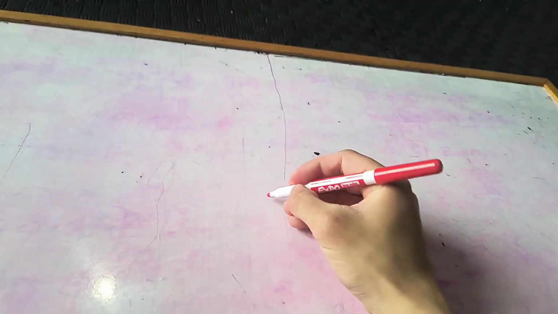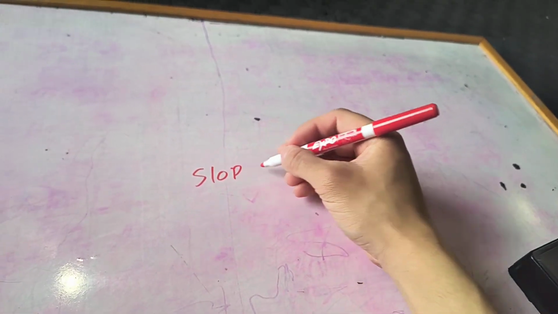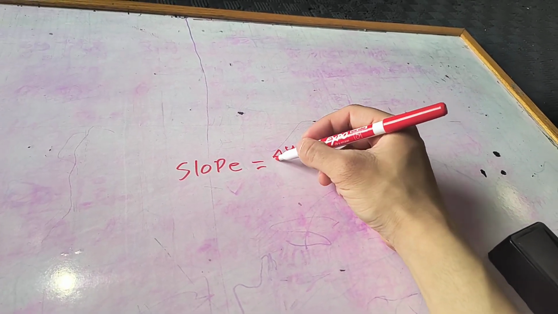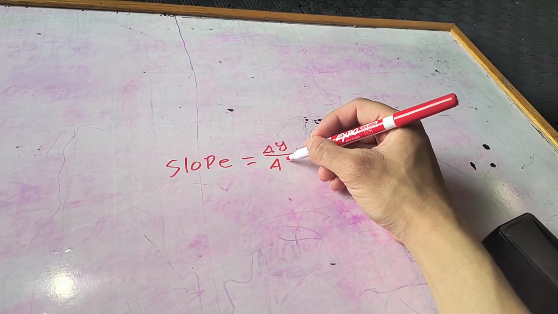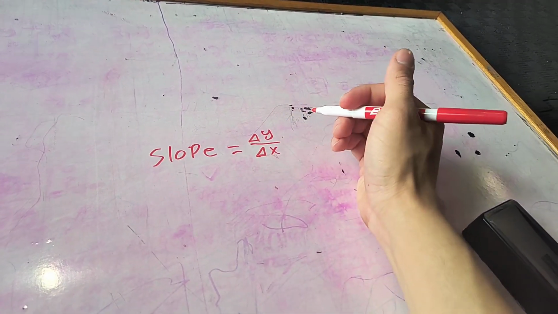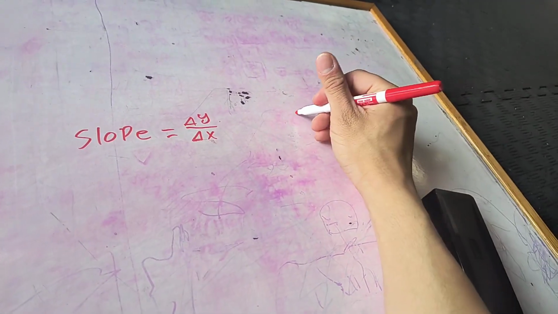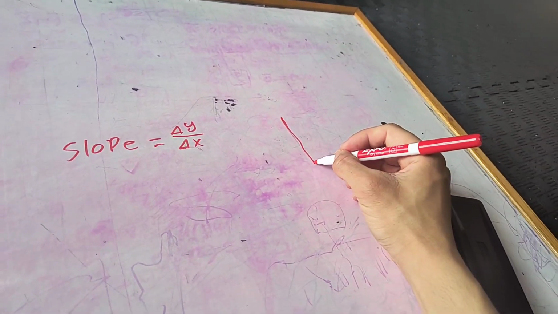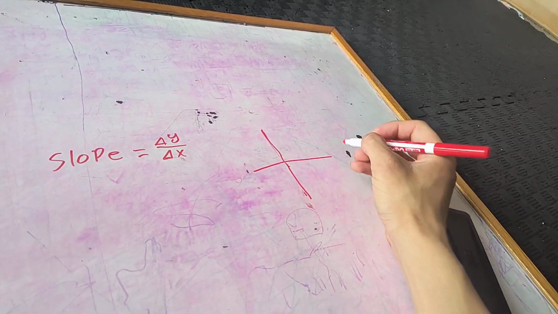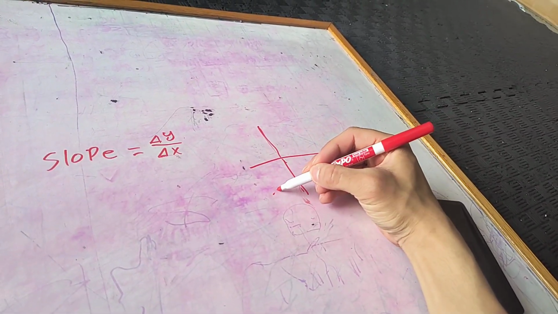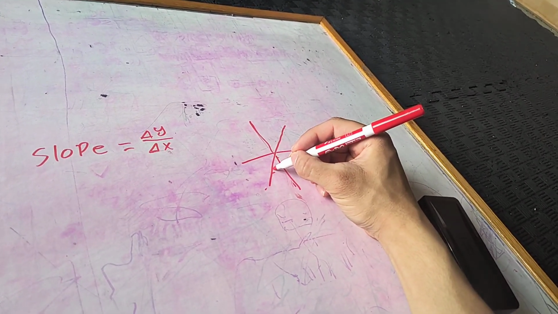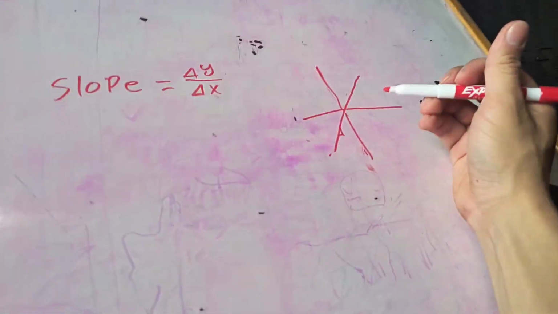Okay, we know that slope is defined as the change in y over your change in x. Looks like an A. And that means that, gosh, I'm so bad at drawing straight lines, that for one movement in x, we'll have a certain movement in y.